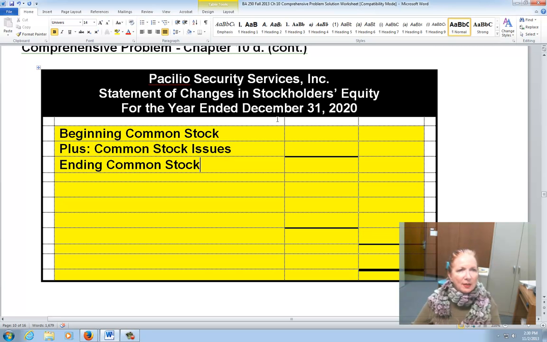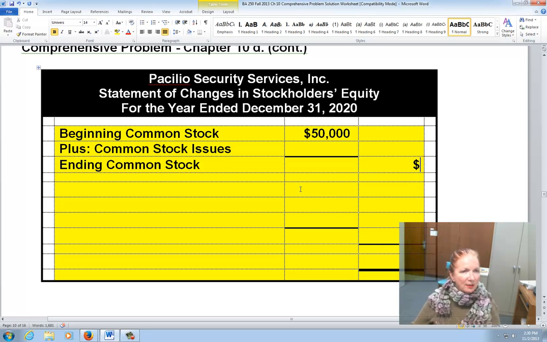We're going to put a dollar sign in here because it's how much we started out with, and then we're going to have a dollar sign in here because we're getting a new total and it's the first one in that line.